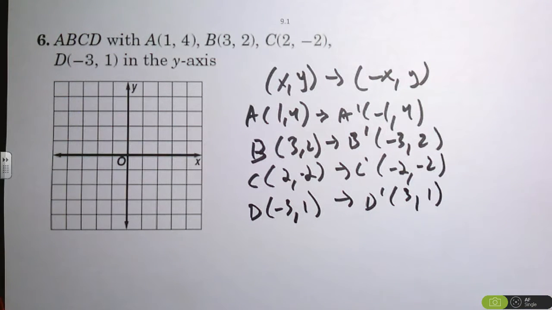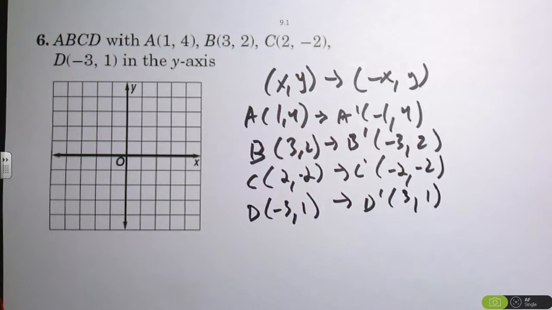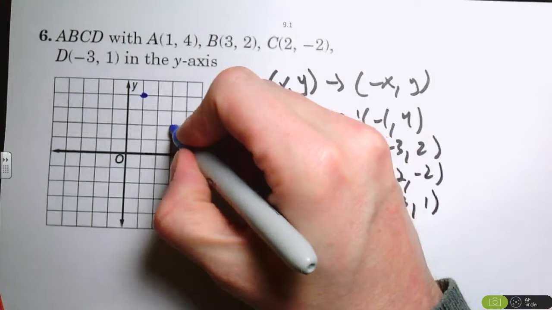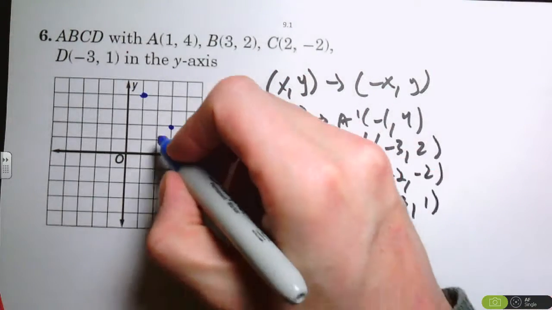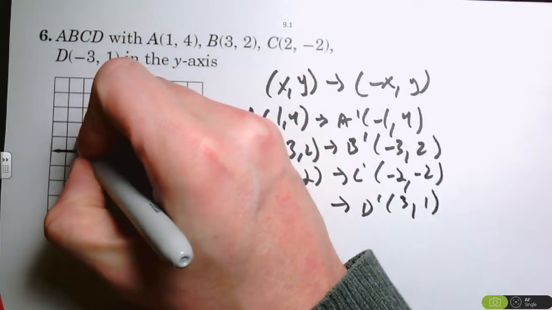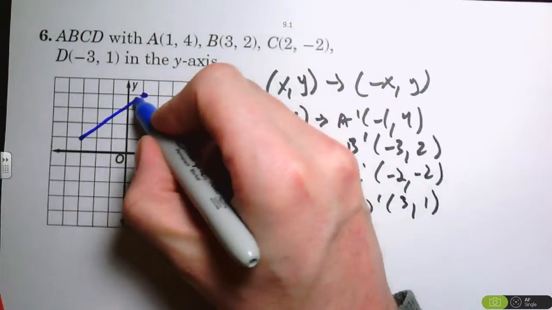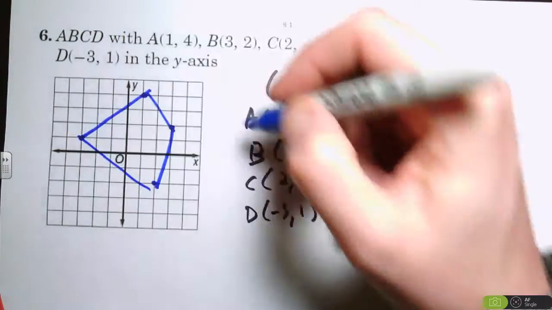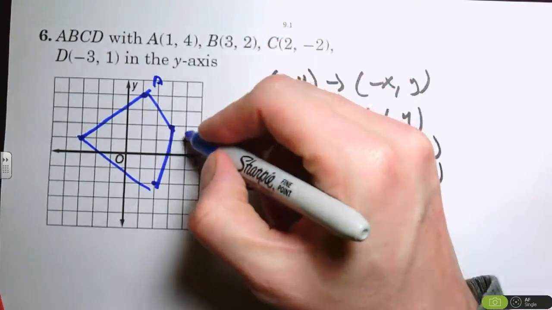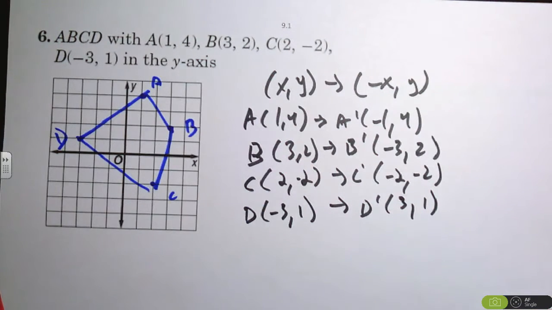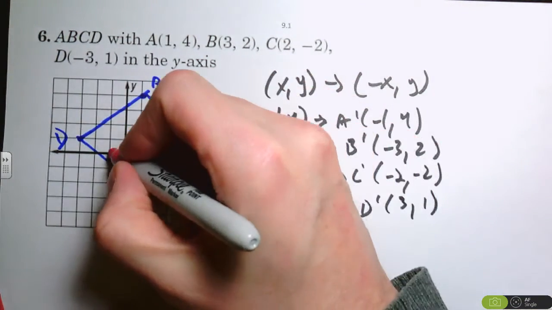So again, I'll do A, B, C, D in blue, and I'll do the reflection in red. So A is at (1, 4). B is at (3, 2). C is at (2, -2). And D is at (-3, 1). Okay. So what's this? A, B, C, D. Now, A prime is at (-1, 4).